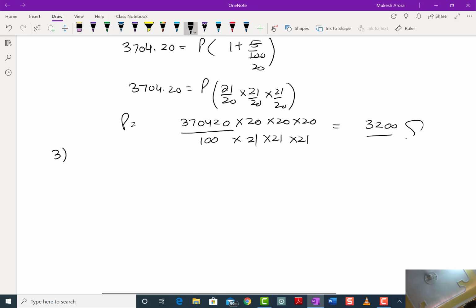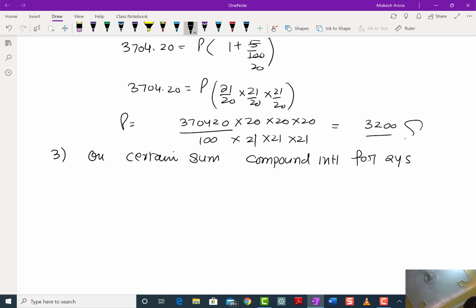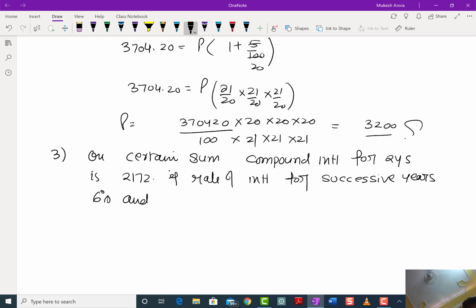Question number 3. On a certain sum, the compound interest for 2 years is 2172 if the rate of interest for successive years is 6% and 8% per annum.